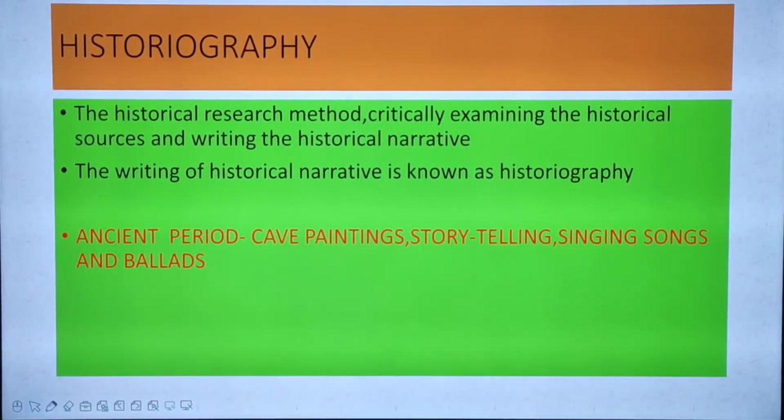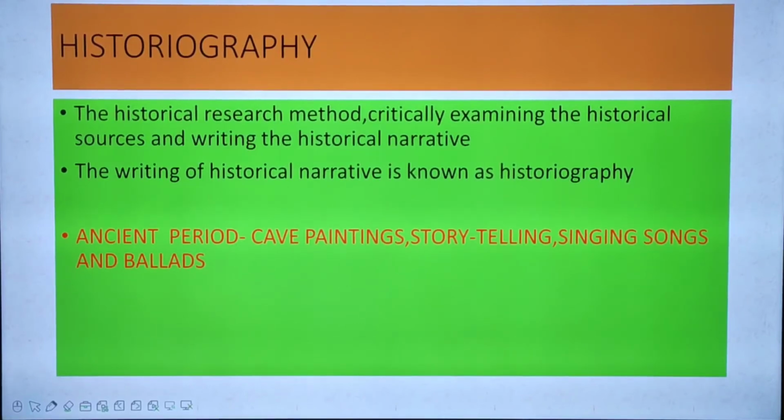His story in a graphical style is called historiography. The historical research method: when I am narrating a particular person's story, I need to critically examine, I need to know everything about that particular person. If I know nothing about the person in front of me, I cannot narrate a story.